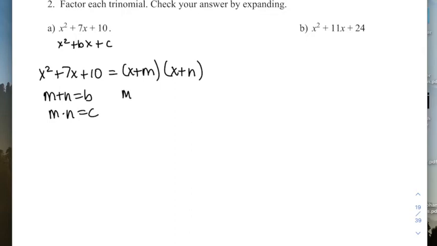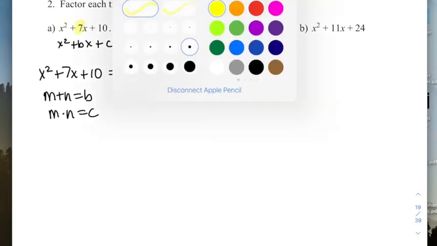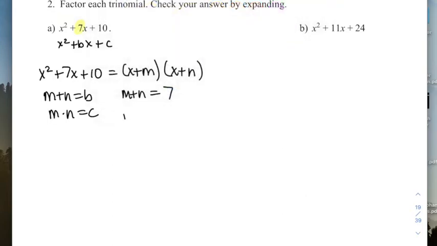So in this case, m plus n equals 7, which is my b term here, and m times n equals 10, so my c term is this one.